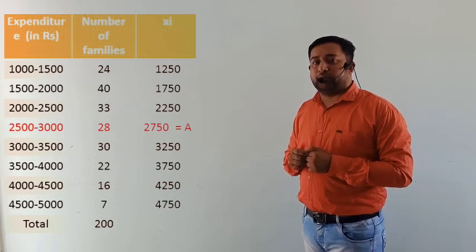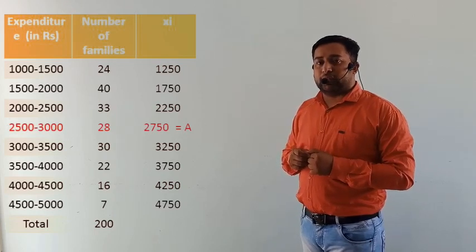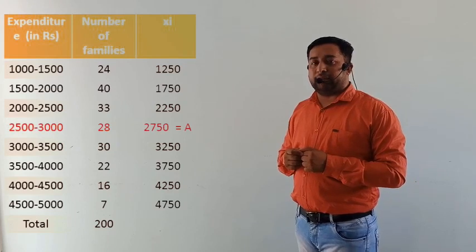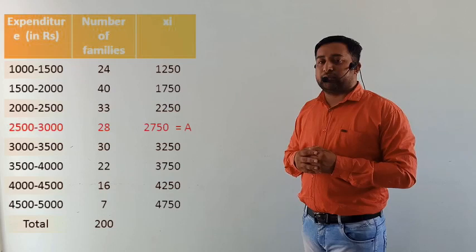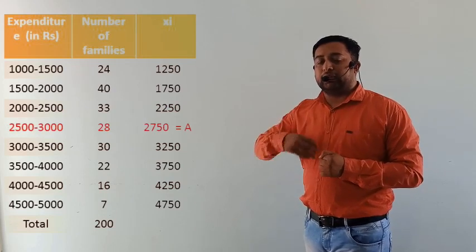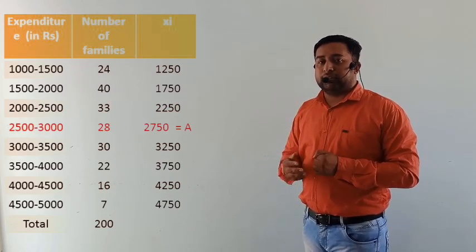Now let's find our midpoint xi, which is lower limit plus upper limit divided by 2. You already know that the class length of all the classes is 500. So find the first and keep adding 500 for the next ones.